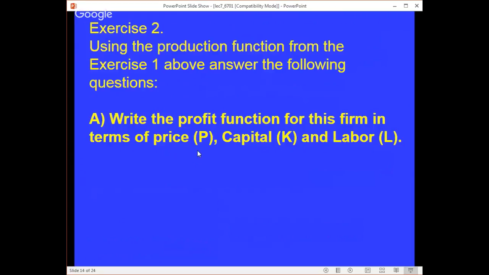Now I just have one more, and that's Q, and that's where I want to substitute in my production function. So I have profit is equal to P times K to the 0.5 times L to the 0.5 minus VK minus WL.